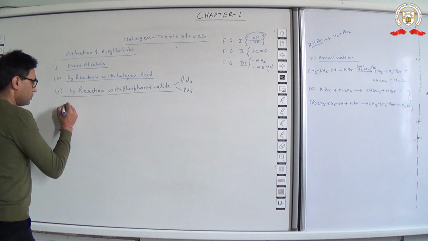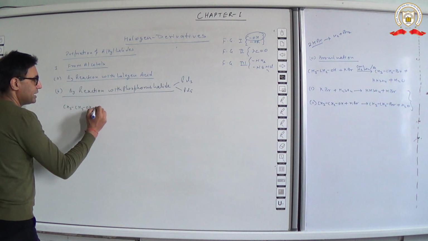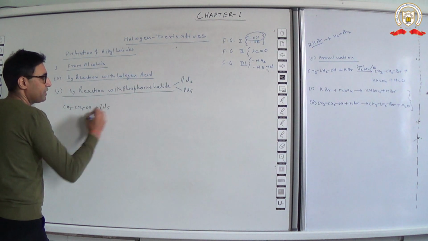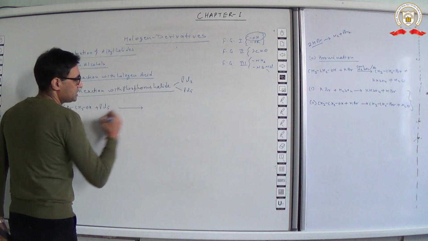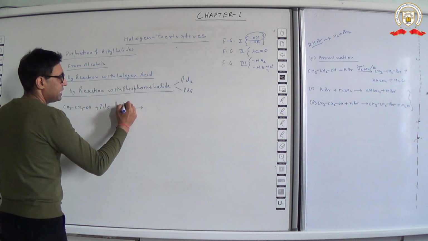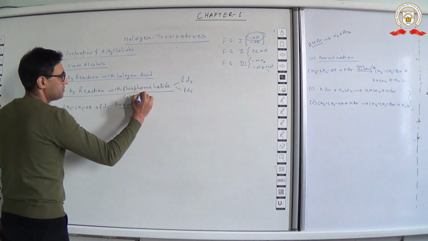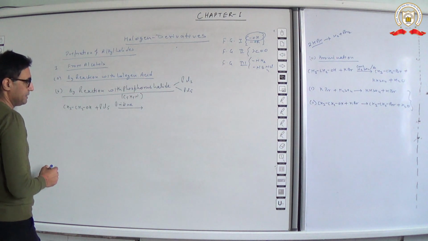So if I have a compound like CH3CH2OH and I am reacting it with PCl5 in the presence of an organic base, that is pyridine, C5H5N, this is an organic base, pyridine.